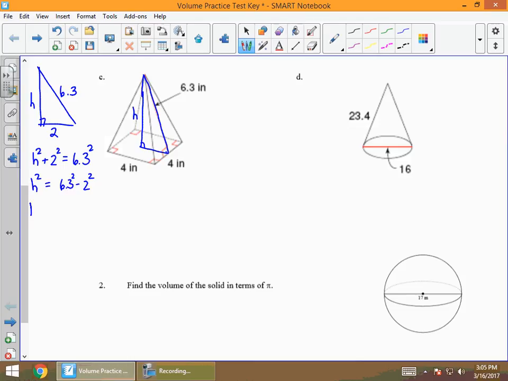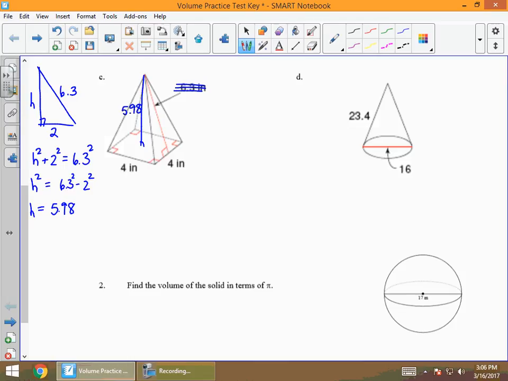And then I square root that answer, and you should get h to be right around 5.98, something like that. So that means this height, the actual height, is 5.98. So this 6.3, I no longer need that. I've used it to get my height.